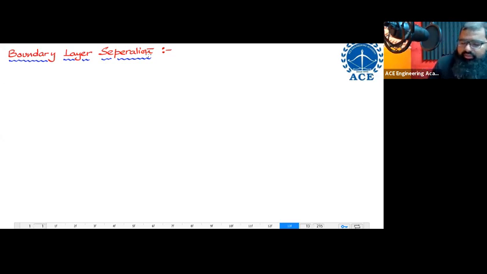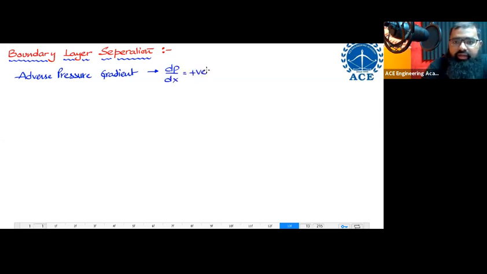Okay, chaliye, look over here. Adverse pressure gradient. Jaldi recall karenge isko. This basically means dP upon dx is positive. If dP upon dx is positive, what will happen? Flow retards.